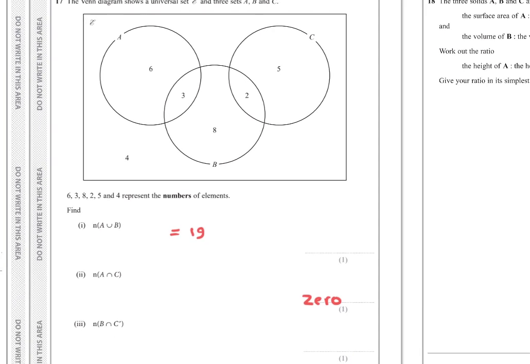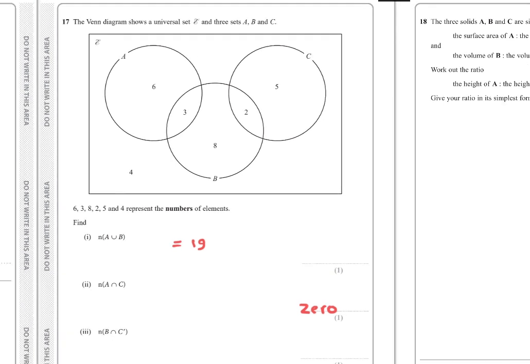Triple I, n of B intersect not C. Not C means the region around C. The region around C intersect B at this region. This region contains 3 and 8, so 3 plus 8, so we have 11 elements.